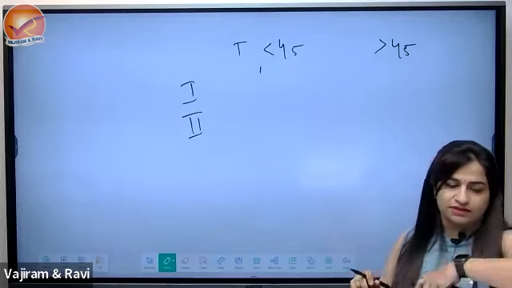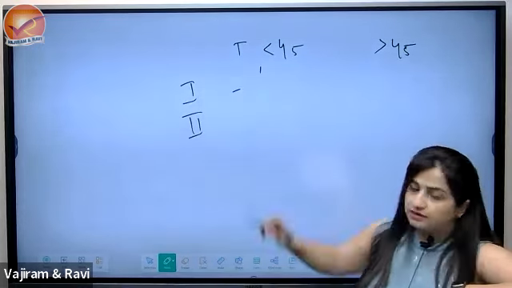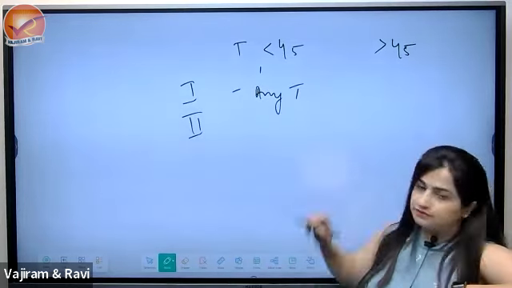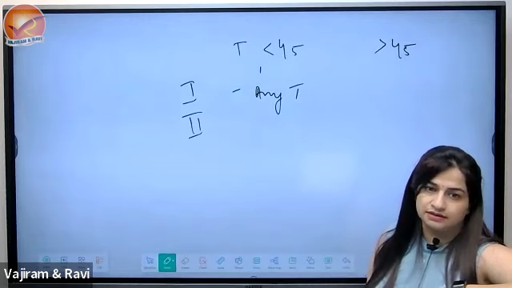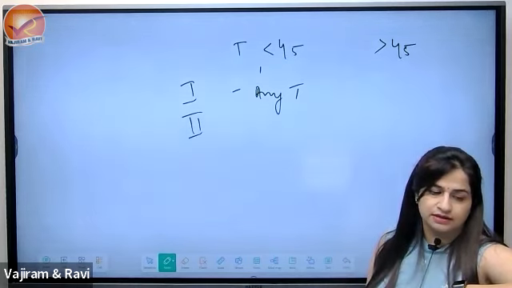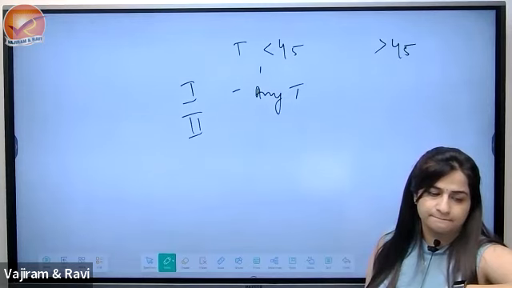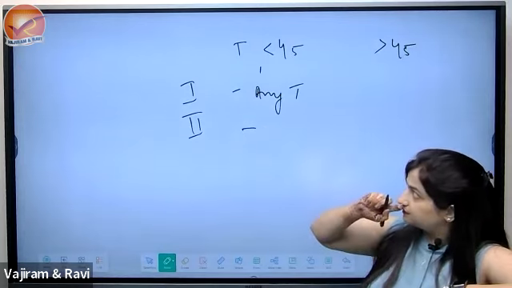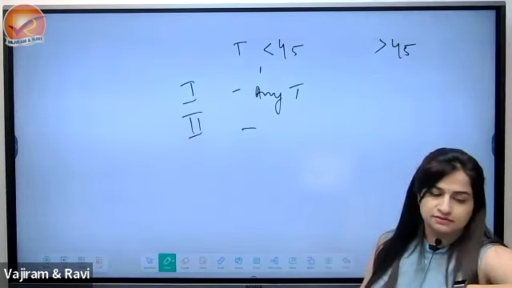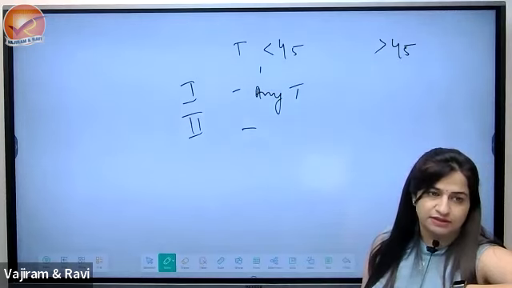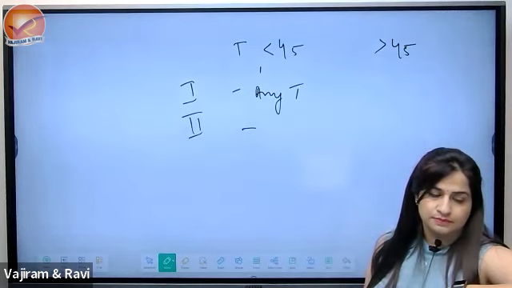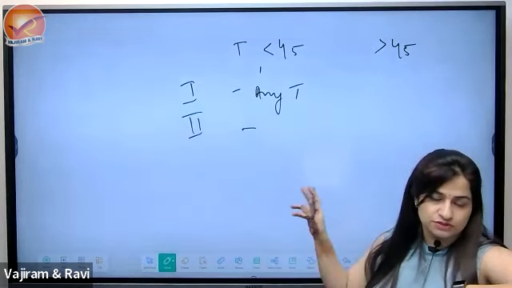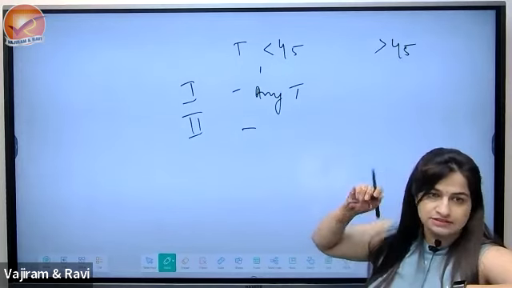So write stage 1 is any T, any N and M0. Then stage 2 is any T, any N and M1. There are only 2 stages for the less than 45 year age group.